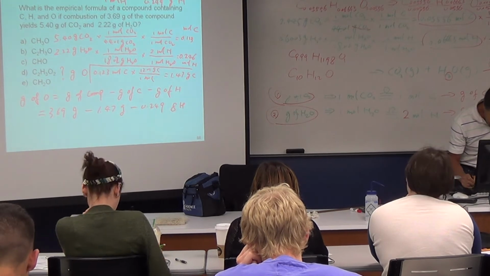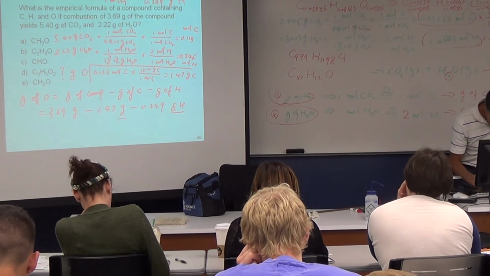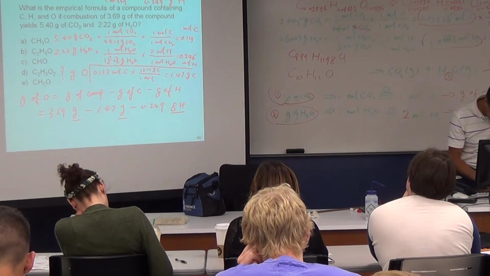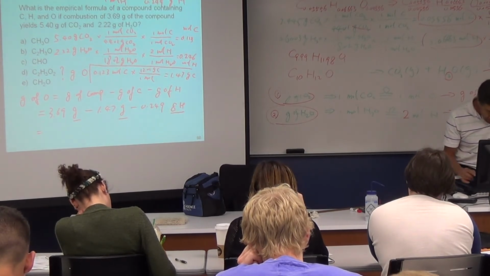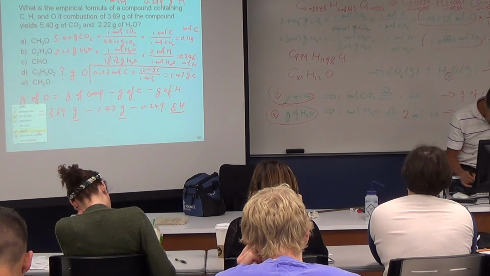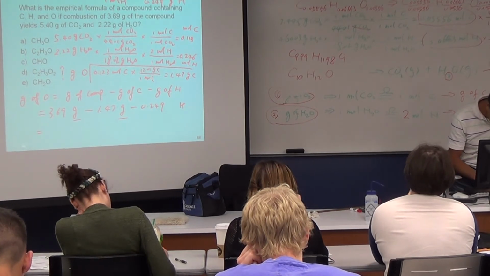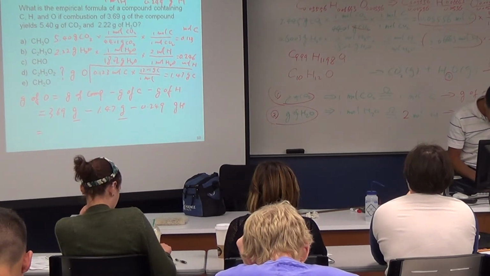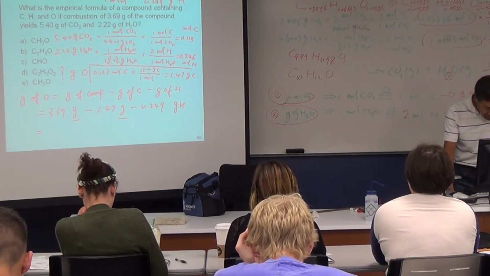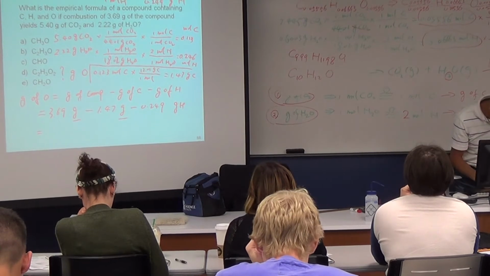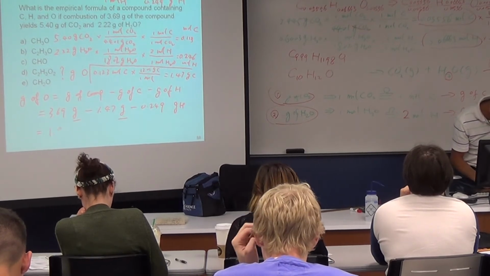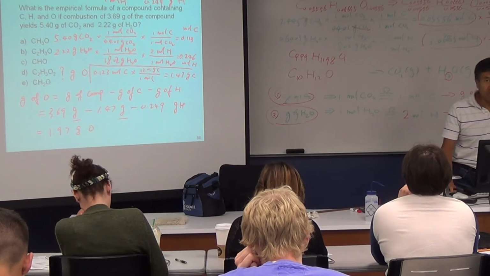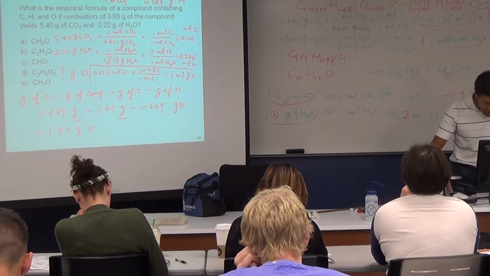For my writing, you cannot tell the difference between the g and the units, so I'll change that so you don't get confused. This is the gram. Then how many grams of O do we get? 1.97 grams of O. That was the second last step.